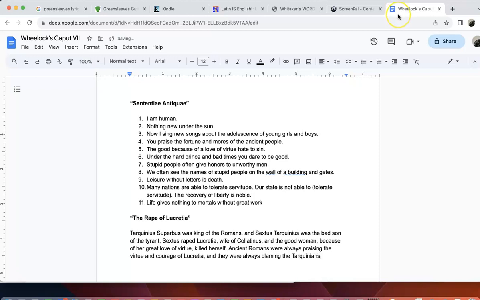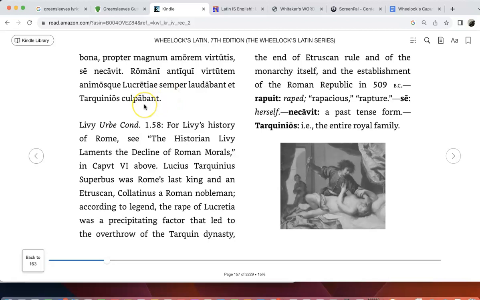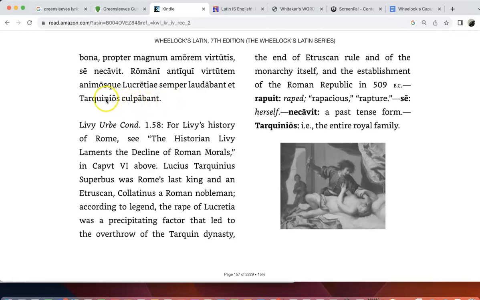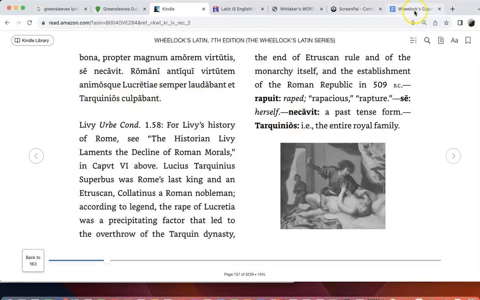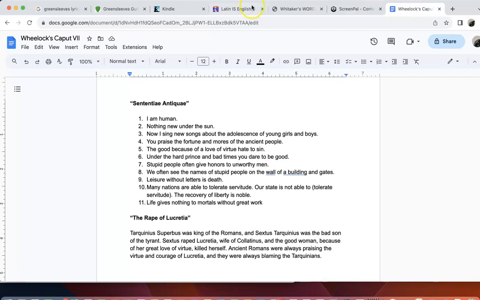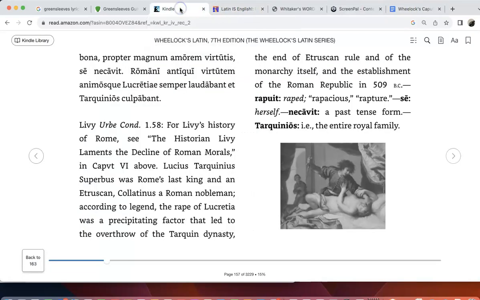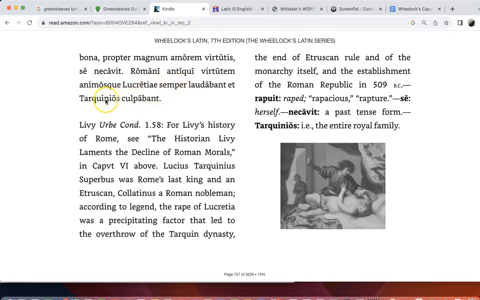It can also mean, in terms of just the Roman hatred of monarchy, and one of the interesting things that Americans share with the Romans is a hatred of monarchy. But if you want to say the entire royal family, that's fine too. I put in the always again. I think it makes sense. And so they were always blaming the royal family.